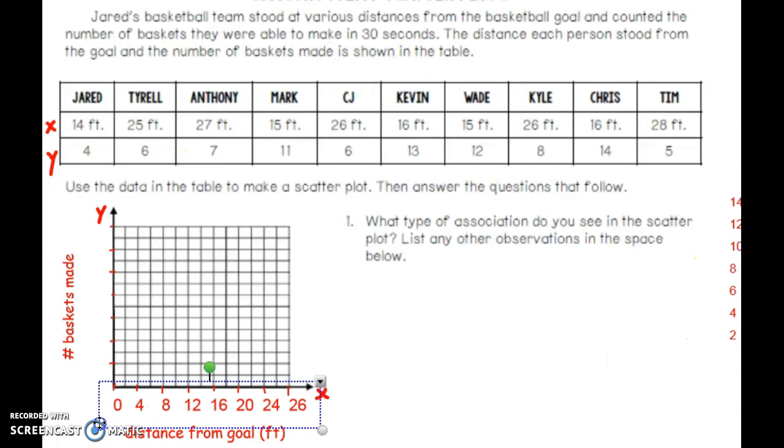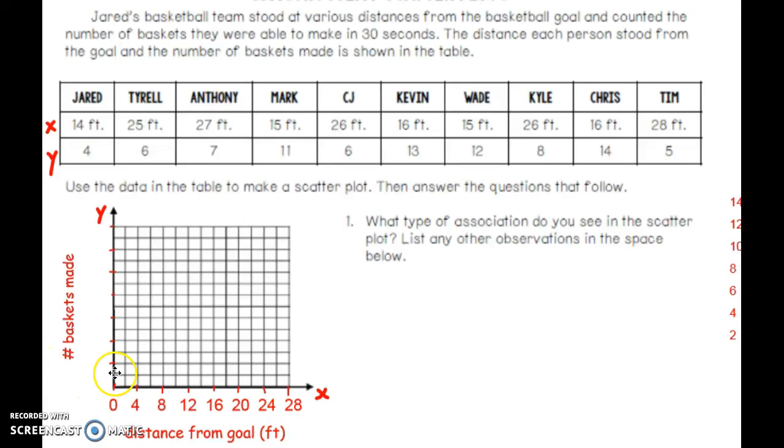So now we're going to label those little tick marks that we already made. And again, we need to make sure we go all the way out. This should say 28 if we're going by 4s: 4, 8, 12. You want to consistently make sure you're increasing all the way up to 28, and that will allow us to plot every single point for the people that we have information from up above.